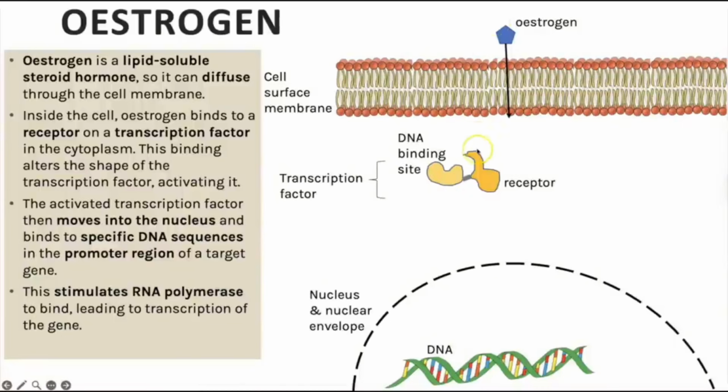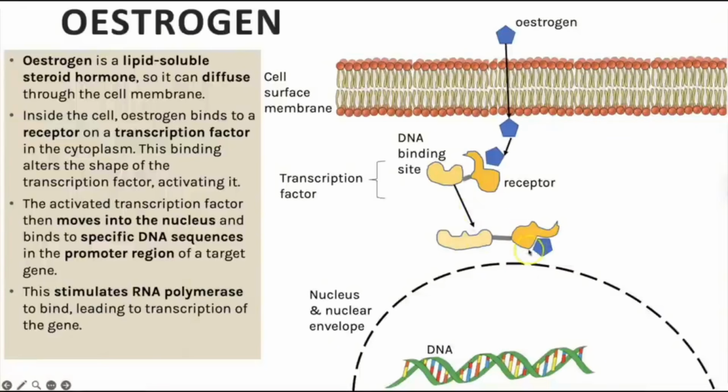And when it's in the cytoplasm, there's a transcription factor that has a receptor on it, which is complementary in shape to estrogen so that they can bind. And when it does bind, it causes a change in the tertiary structure of that transcription factor. That change in the tertiary structure changes the DNA binding site so that it is now complementary in shape to a particular sequence of DNA bases.